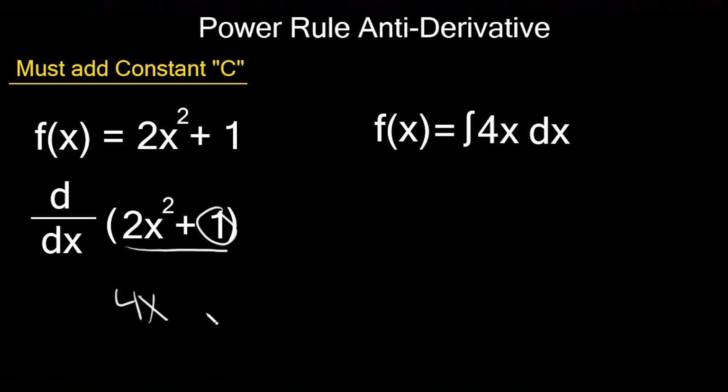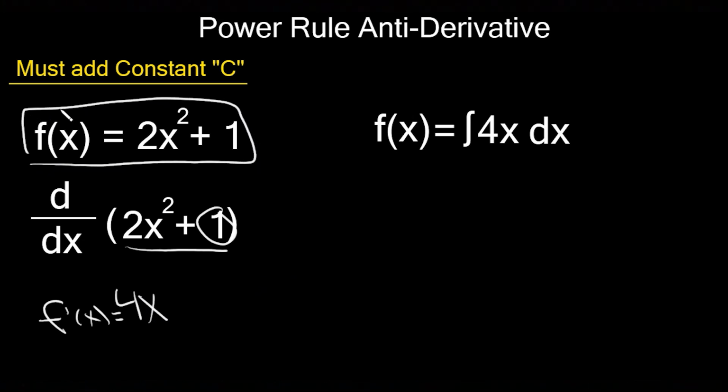Now, if I want you to take the antiderivative now of f prime, that's what this is right here. This is f prime of x, right? That is the derivative of f of x. If I wanted you to take the antiderivative of f prime of x, you should return your original right here, okay? So in other words, how you would write that, you would say f of x is equal to the indefinite integral, and we're going to talk about that in a second, the indefinite integral and the definite integral.